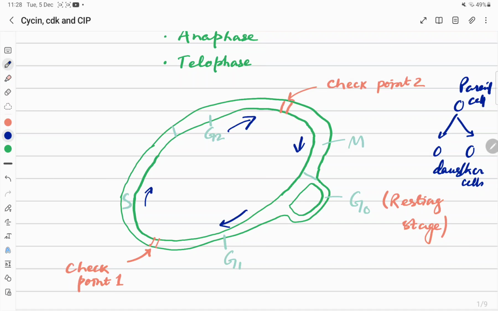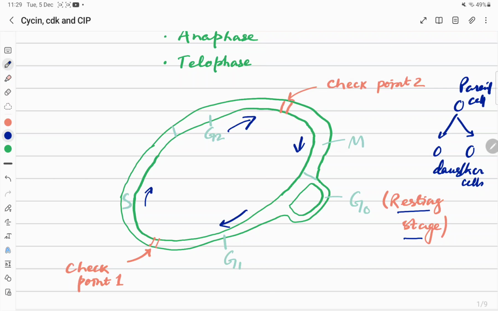Then these daughter cells can again undergo the cell cycle. That's why we call it a cycle. So G1, S, G2, M, then again G1, S, G2, M. Before entering G1, the cell remains in the resting stage until it again enters into the cell cycle.